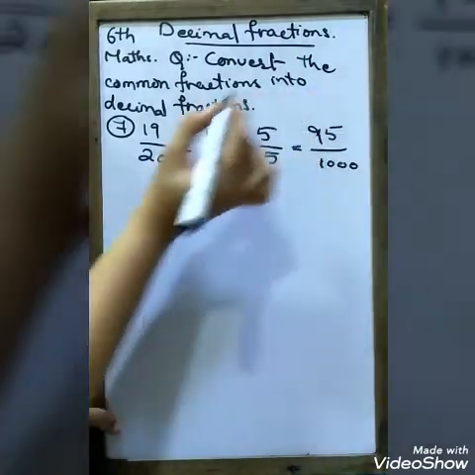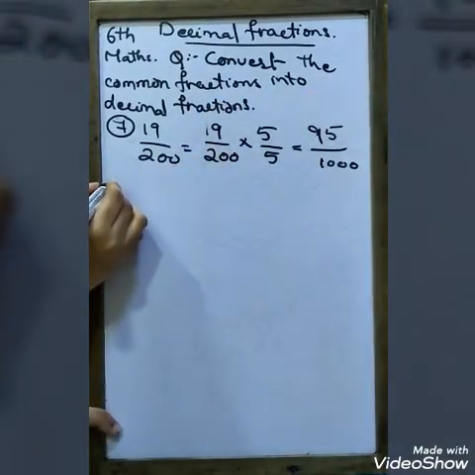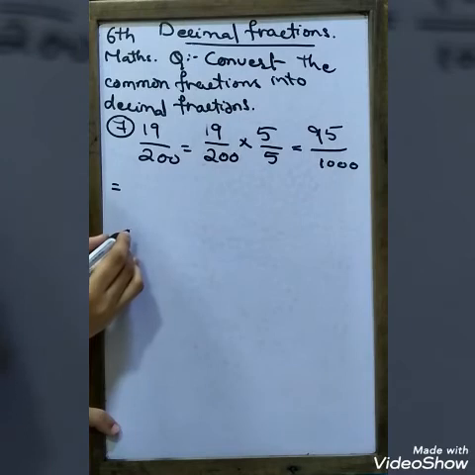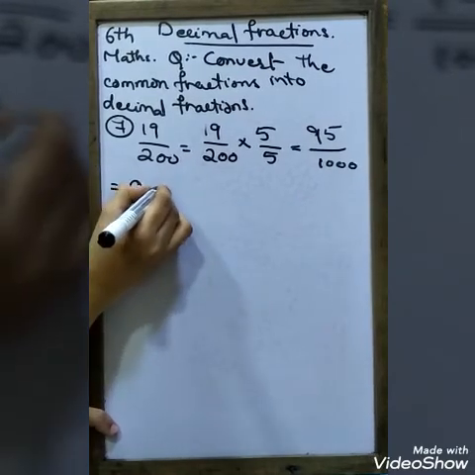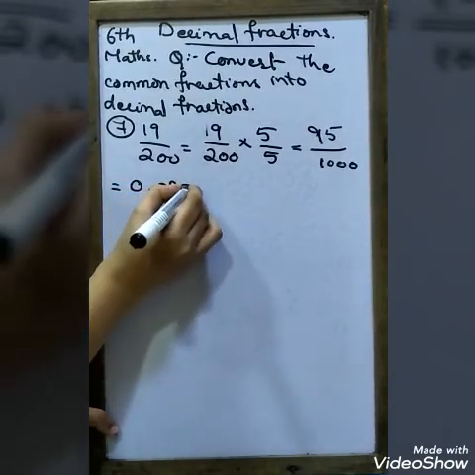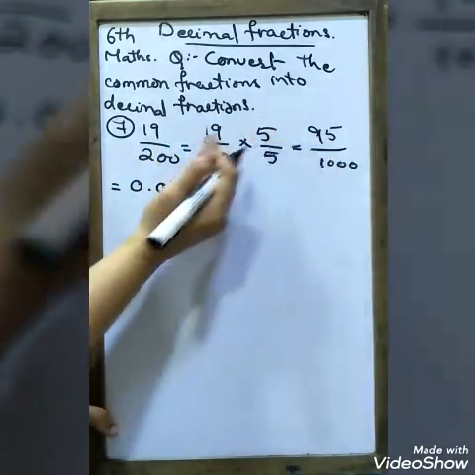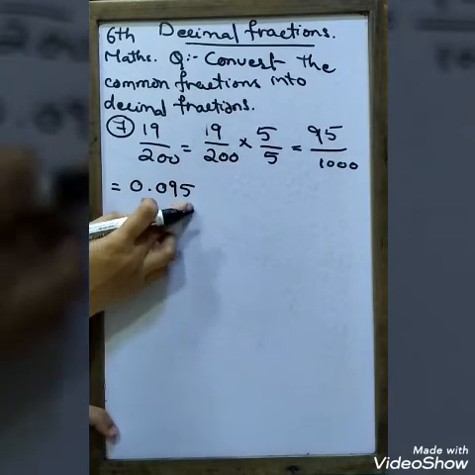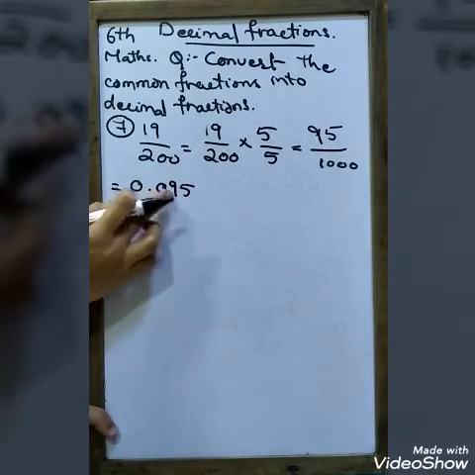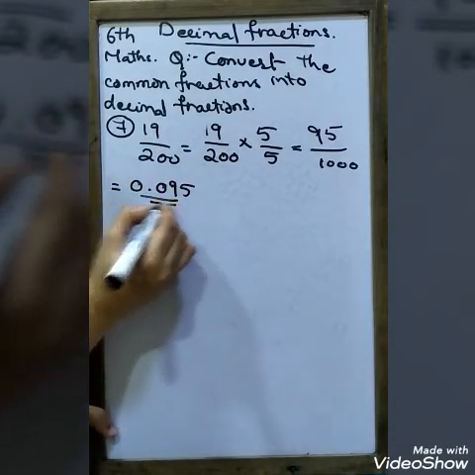So it will be 95. Now if we are writing it in decimals, it will be 0.095, because here 2 digits are there, so we are moving 1 digit ahead.